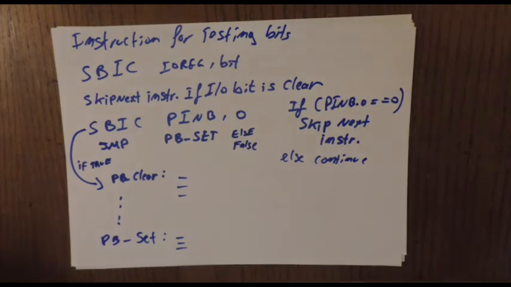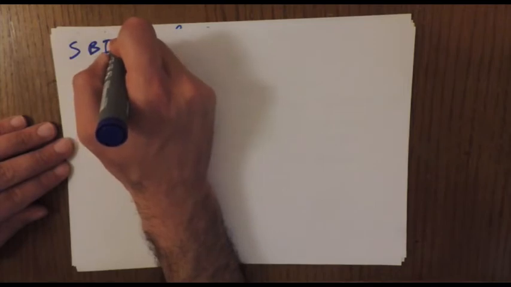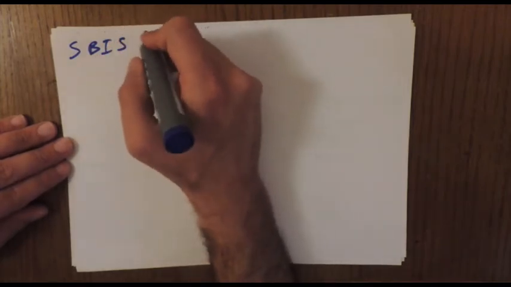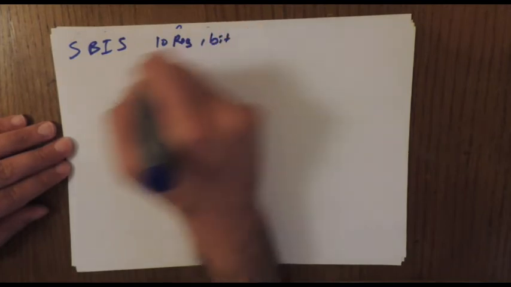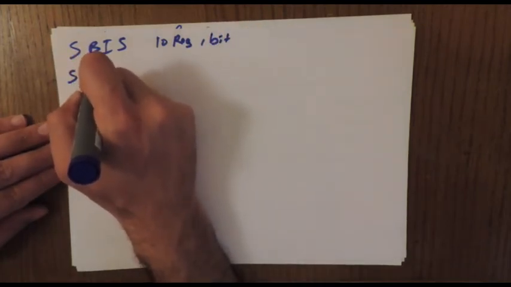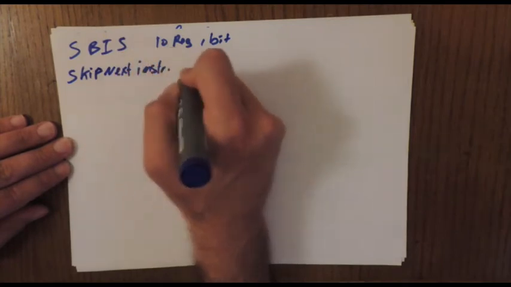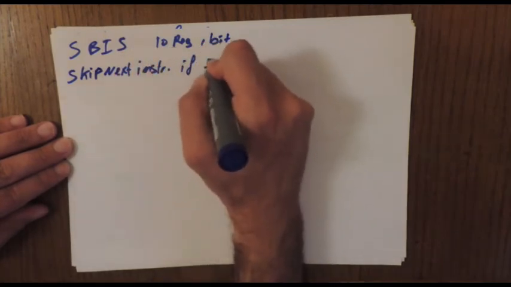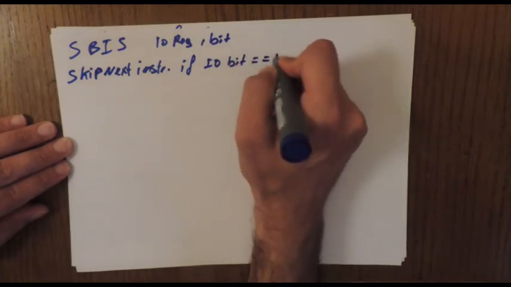Okay, and of course I have the alternative for this, which is SBIS. So if I check SBIS, in this case, IO register, comma, the bit number. So skip next instruction if IO bit equals 1.